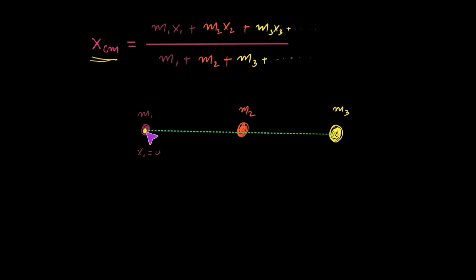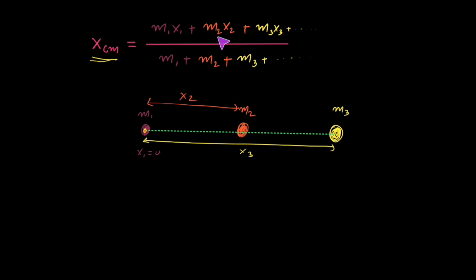Now x2 would be the distance from this point to the mass m2. So this would be our x2. x3 would be the distance from the point we assumed to the mass m3. So this would be x3.